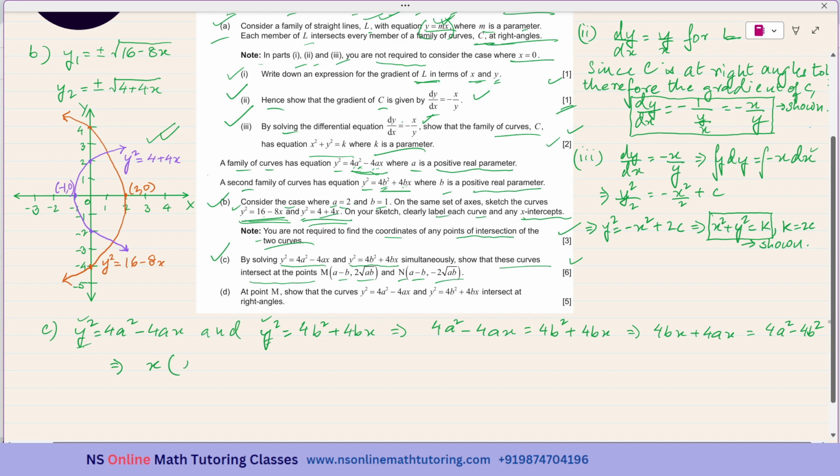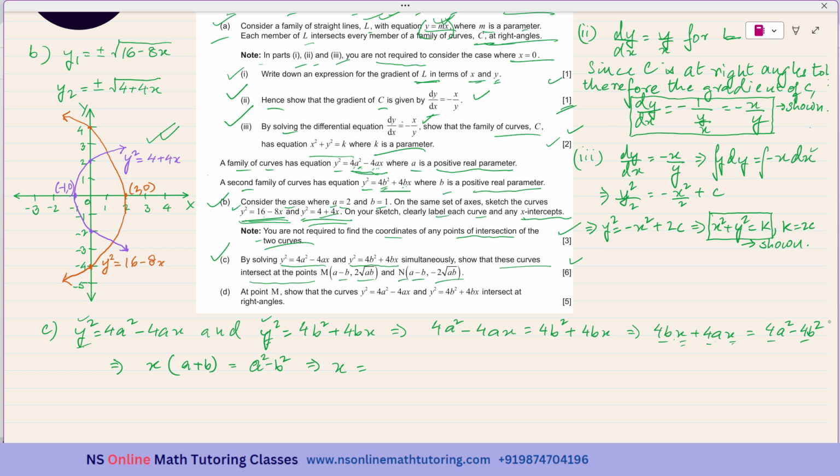So it is b plus a or a plus b. I have first of all divided the entire equation by 4. So these coefficients get cancelled. And then I am taking the x as the common factor between these two terms, and it will be b plus a. I am writing a plus b. And the right side is equal to a square minus b square. So x is equal to a square minus b square over a plus b.